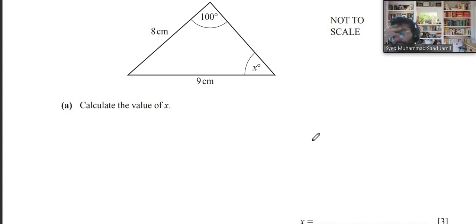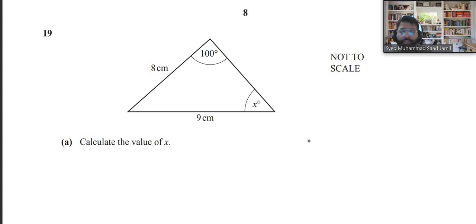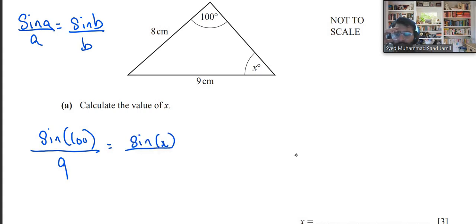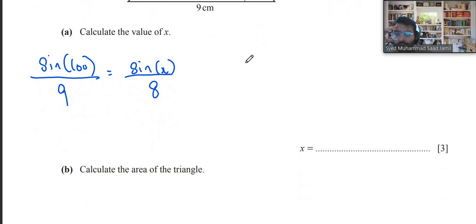I have sine law, cosine law, area of triangle, everything. So for sine law, we use the formula sine A upon A is equals to sine B upon B. Sine 100 upon 9 is equals to sine x upon 8.